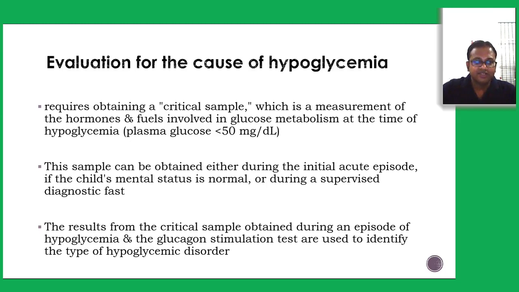You have to do this test when the sugar levels are low, right? You can take it at the acute stage also, only if the child's mental status is normal, or otherwise you have to fast the child again later and take the necessary samples later on.